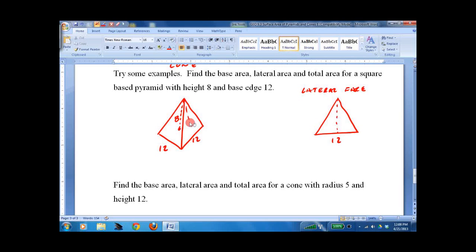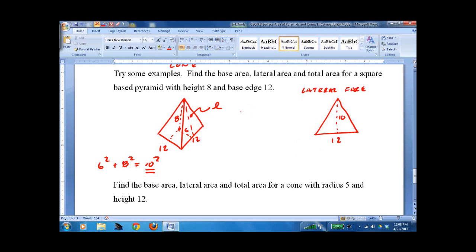So I need this slant height here. Well, if I cut this in half, I get 6, 8. And I happen to know that 6 squared plus 8 squared equals 10 squared. So this will be 10.